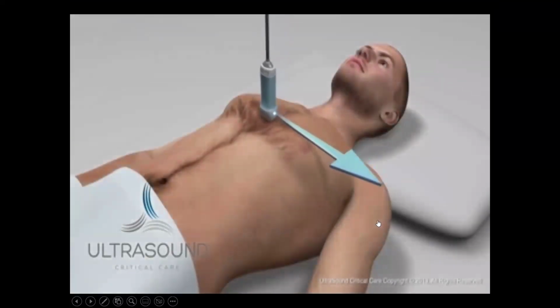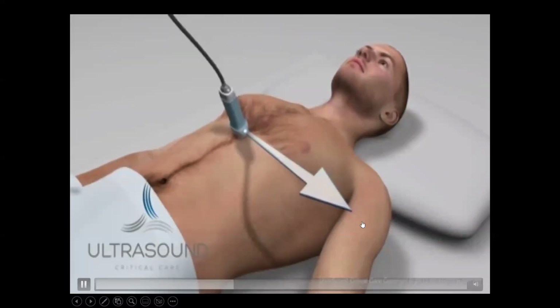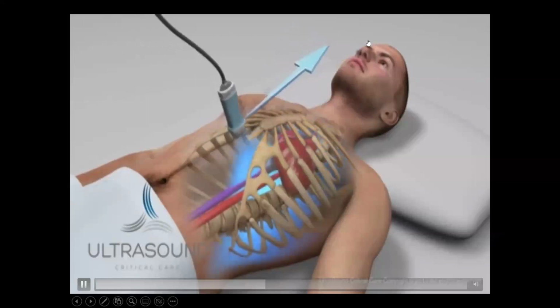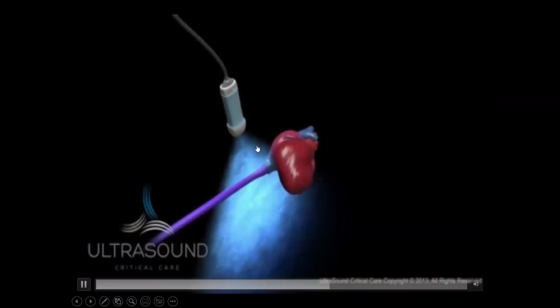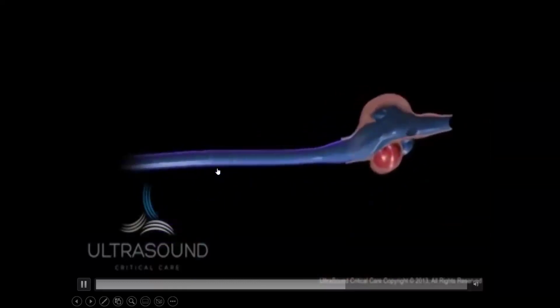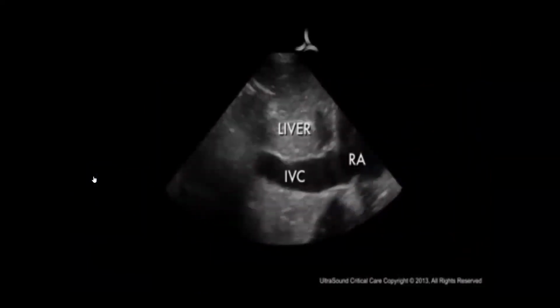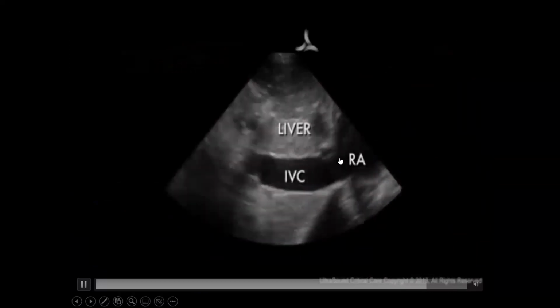You put the probe with the transducer pointer toward the left shoulder, at 3 o'clock, then rotate again to 12 o'clock, and tilt your probe until you see the right atrium, the IVC and the liver. This is the subcostal view: right atrium, hepatic vein, and the IVC.